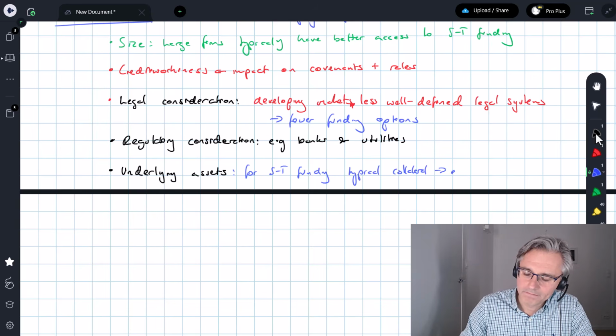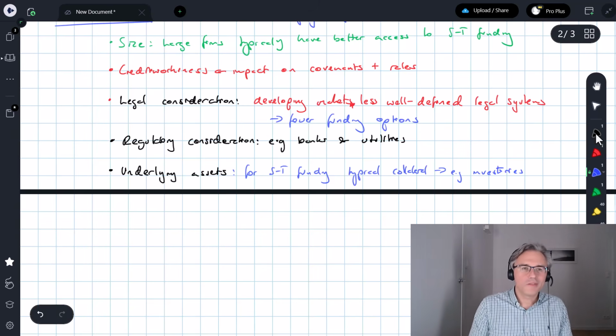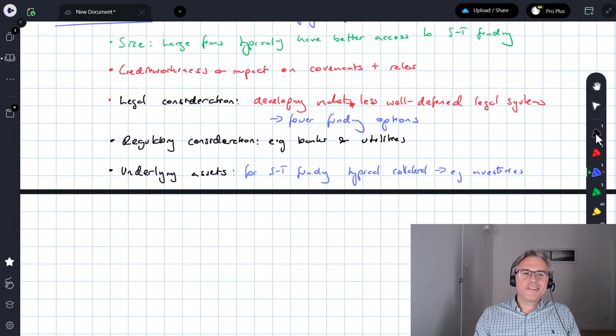And the question is, what inventories do you have? What type are they? What is the risk associated with them, especially the risk of them going obsolete or going bad? It's quite common in the financial markets to get funding where inventory is used as collateral. It just has to be the right type.